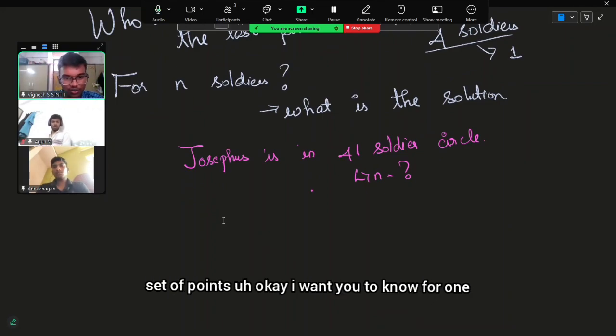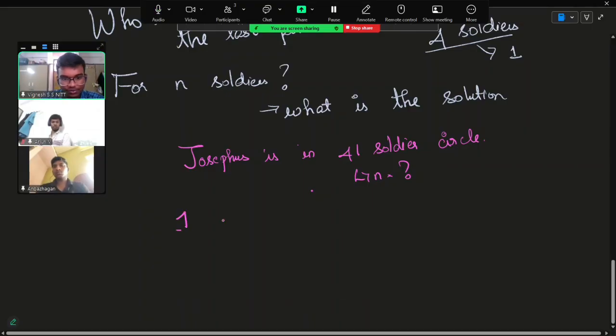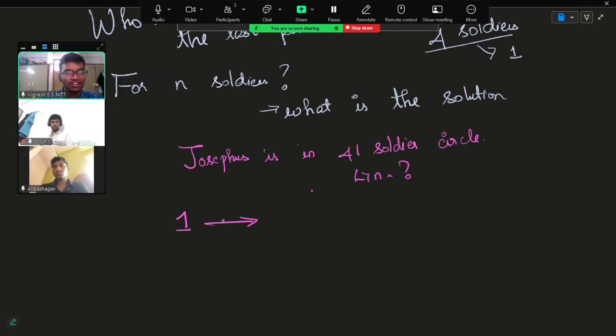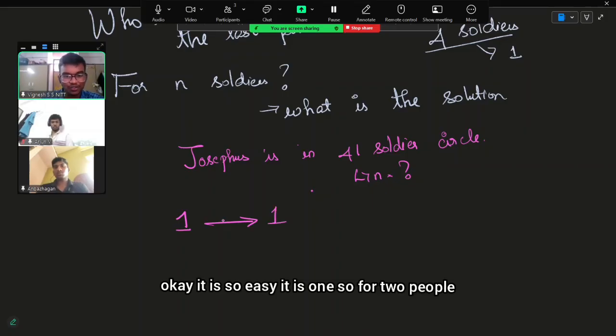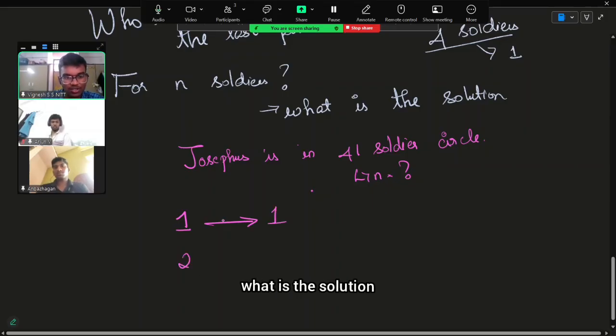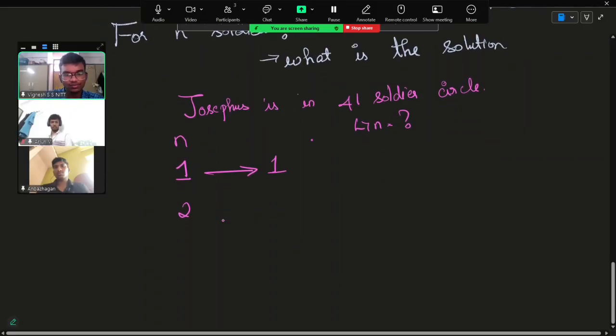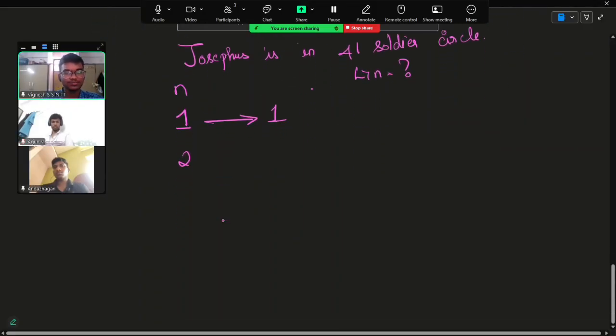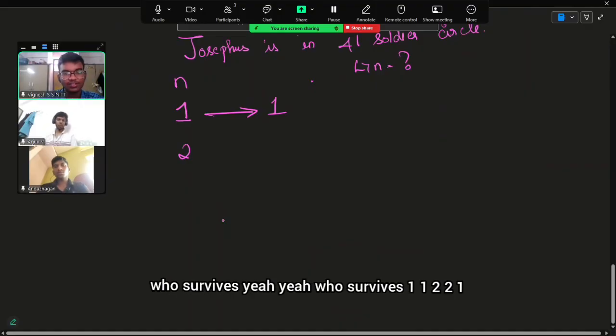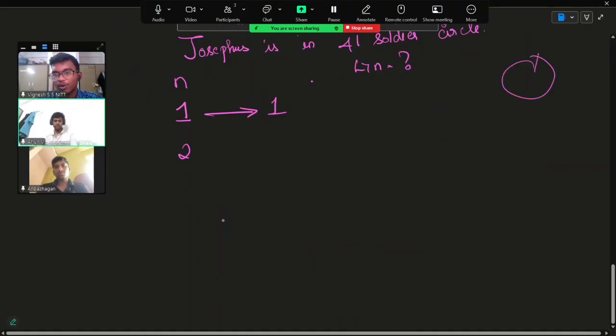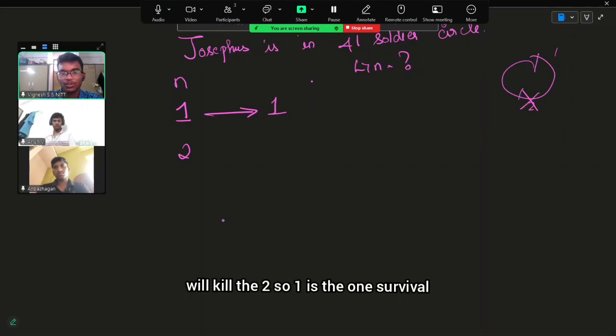I want you to know for one, what is the solution? It is so easy, it is one. So for two people, n is equal to 2, what is the solution? Solution means who survives the game, right? Yeah, who survives? One, two. One will kill two, so one is the survivor.